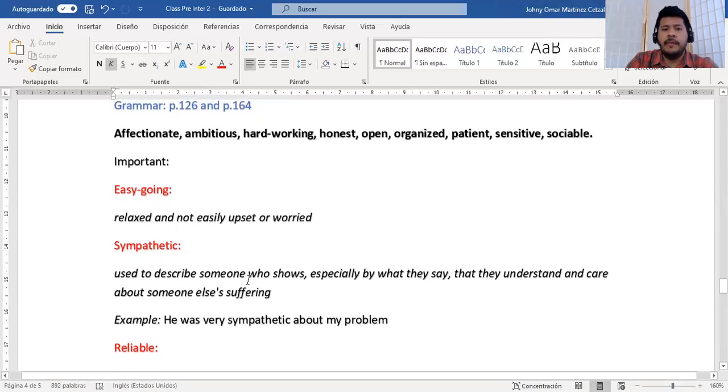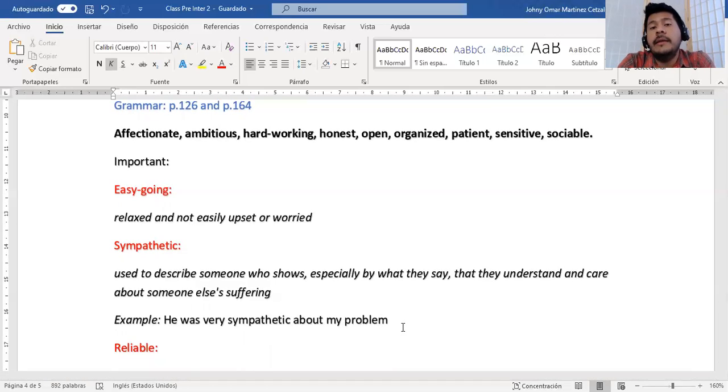Now, in the case of sympathetic, this is the most important, I think. Let's see the definition. It is used to describe someone who shows, especially by what they say, that they understand and care about someone else's suffering. Okay, we have an example. He was very sympathetic about my problem. So in that case, we use sympathetic to mean somebody who understands what you are going through.